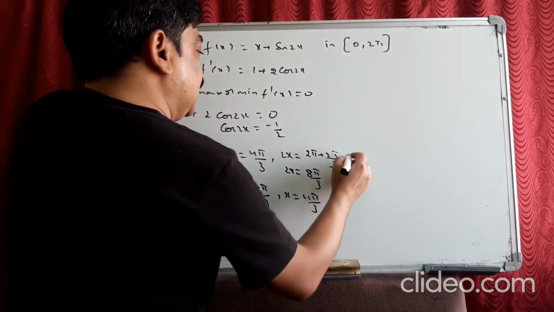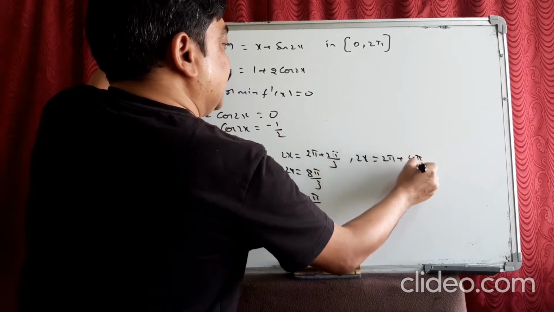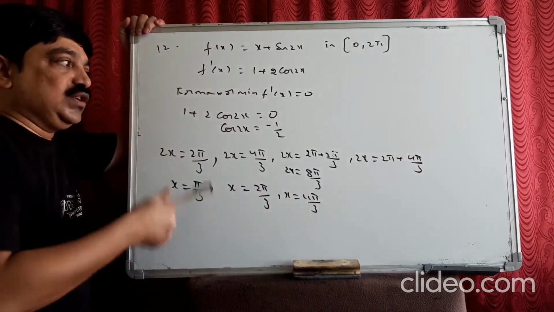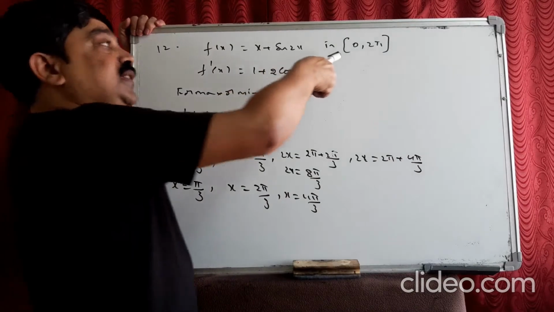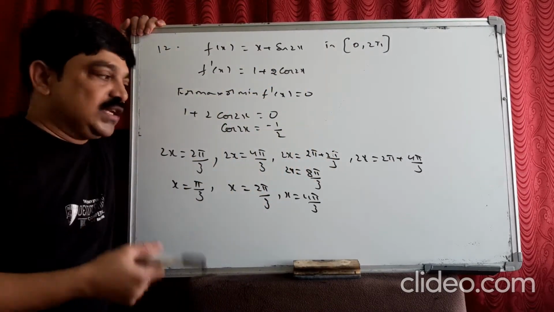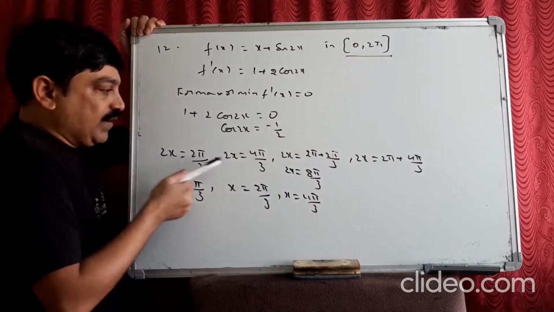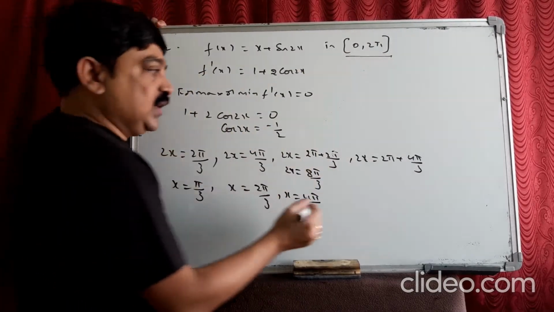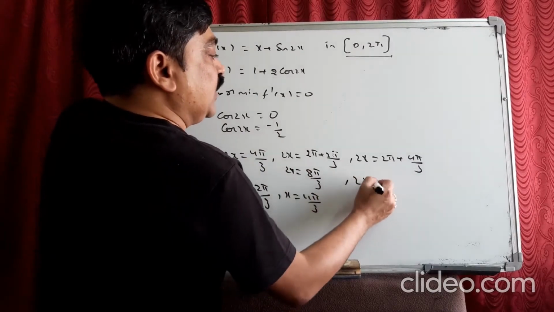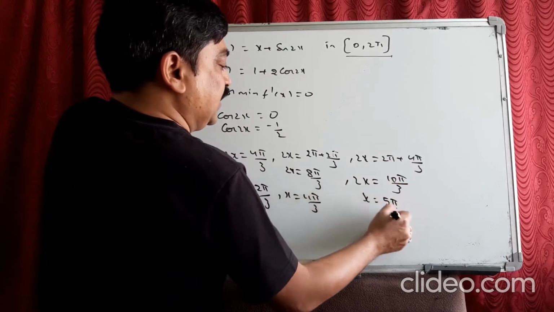So 2x equal to 2 pi plus 4 pi by 3 also, because in two rotations you are taking. Why, since they asked us to take in one rotation, am I taking two rotations? Because we need the values of x, but you are getting the values of 2x here. Understand? So 2x is equal to 10 pi by 3, so x will be equal to 5 pi by 3.